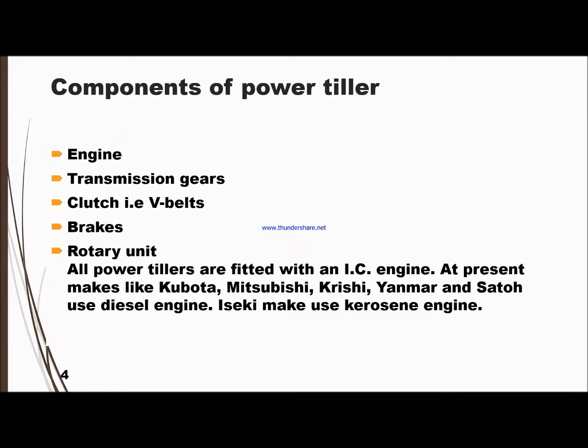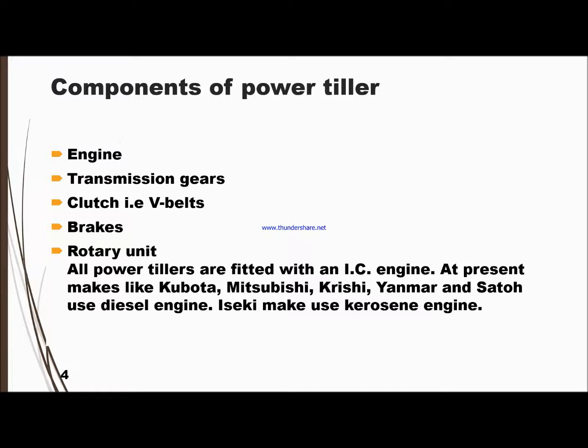The main components of the power tiller involve the engine. Of course, we need the engine, transmission gear, and clutch, in this case transferring power to the V-belt. Compared to the conventional tractor that we have seen, it has a crankshaft and a wet clutch system.